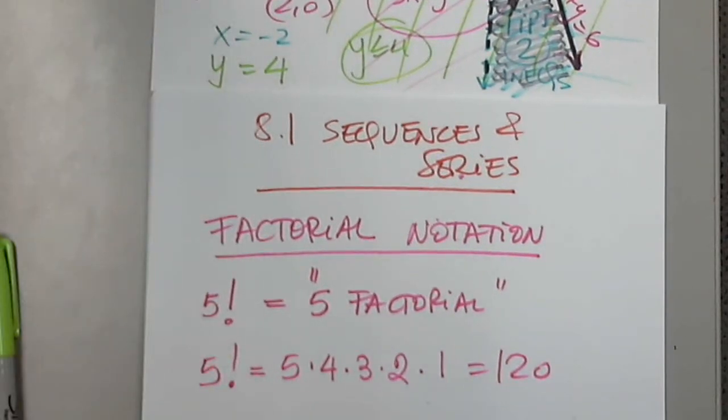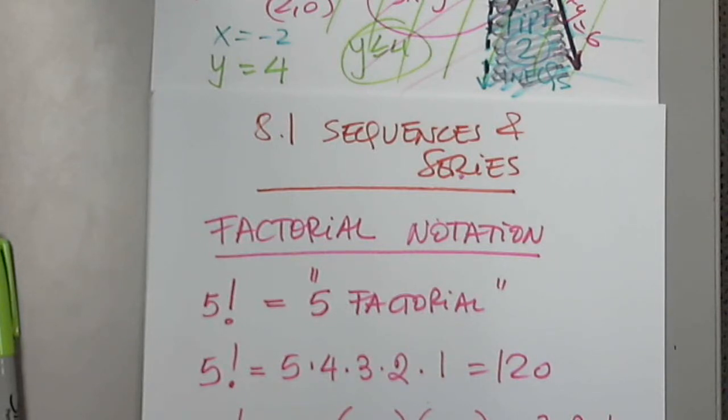Now what about n factorial? You can say, tell me what n is. Well, this is the general form. It's n multiplied by n minus 1, multiplied by n minus 2, dot dot dot, all the way to 1. Exactly, 3 multiplied by 2, multiplied by 1.